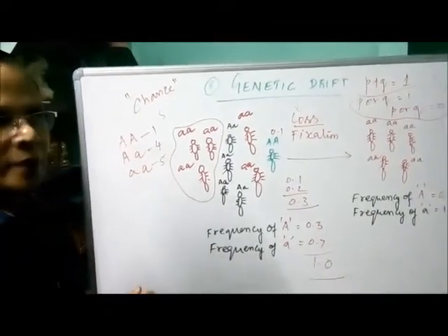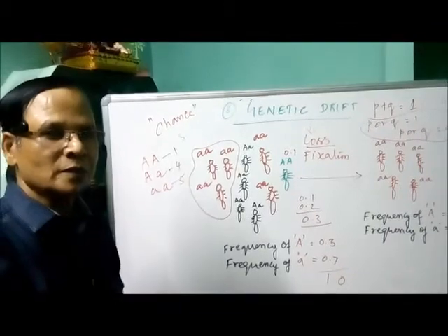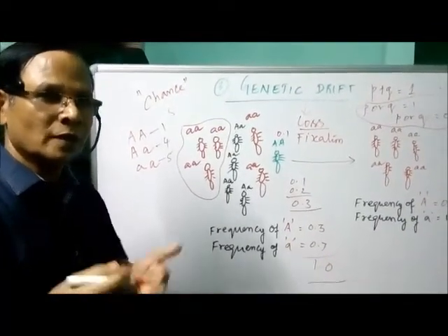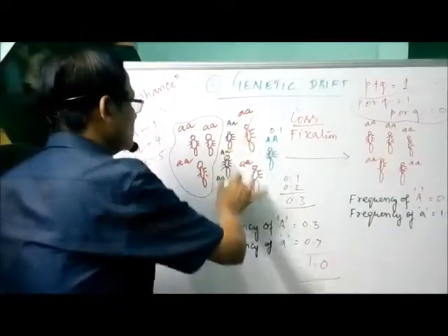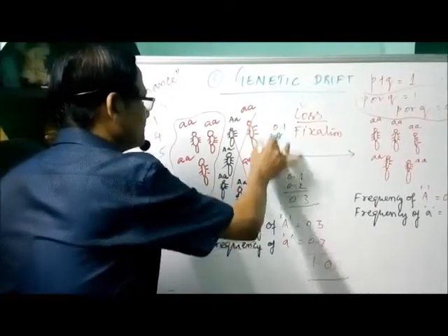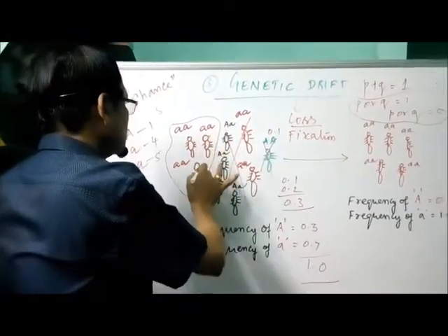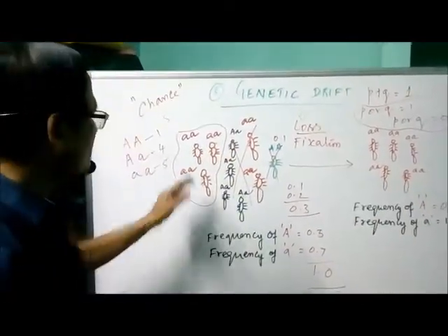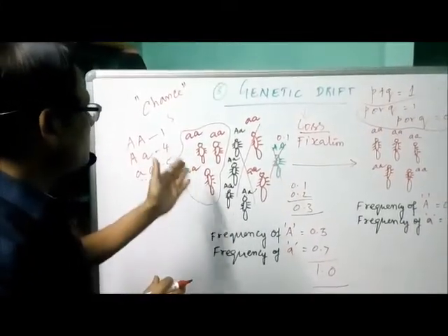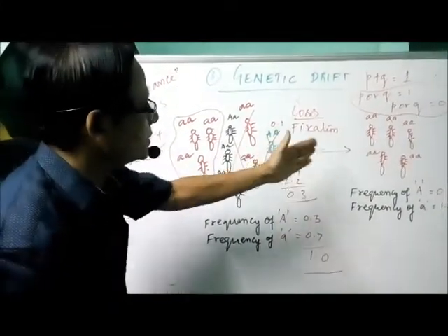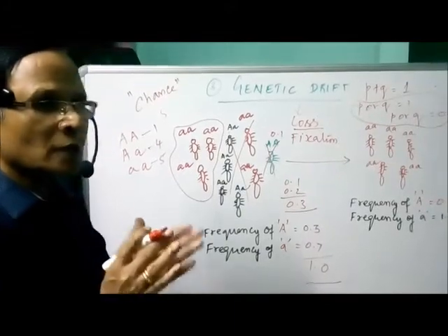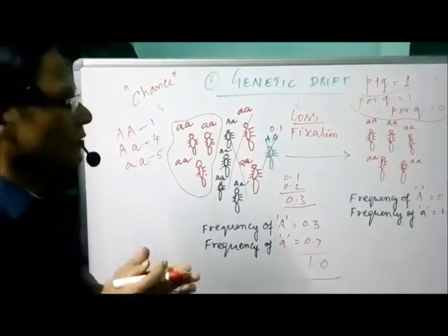Now what happens because of a chance event, either a flood or any other event, all these individuals died. Only these three individuals with homozygous recessive escape. They pass on to the next generation and produce only homozygous recessive individuals.